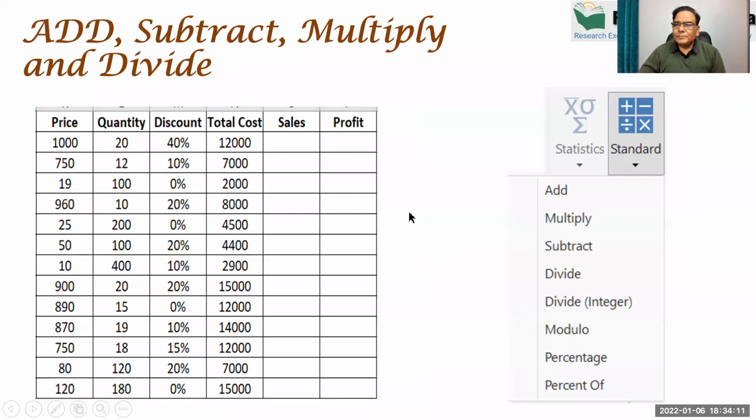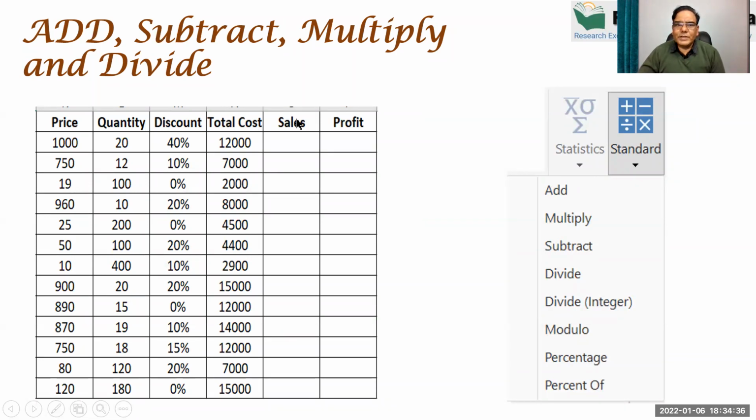Then we will do some calculations here. I have one exercise where I have the data of 4 variables: the price of the product, the quantity sold, discount provided, total cost. You are required to calculate the sales and the profit.